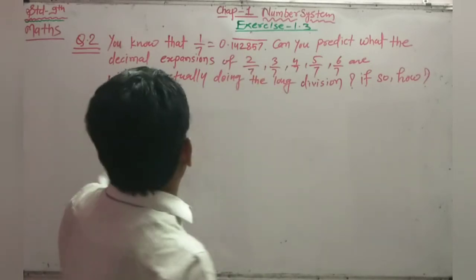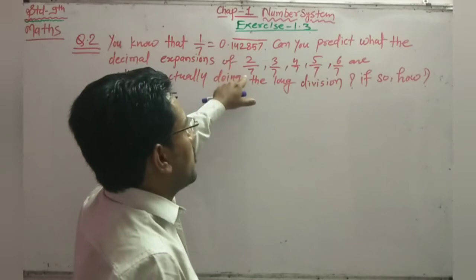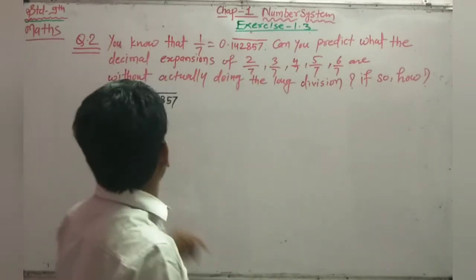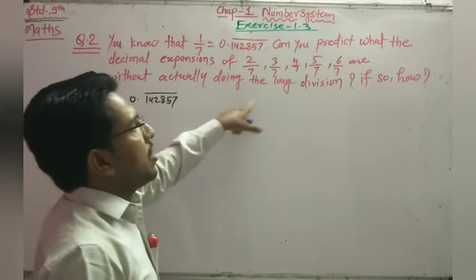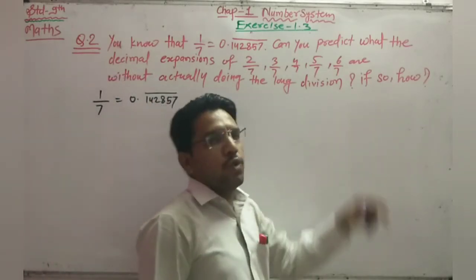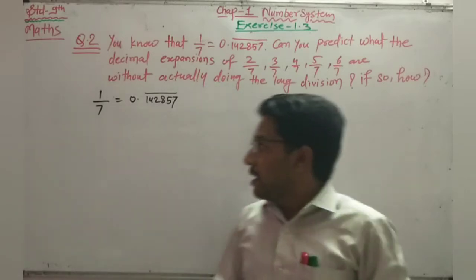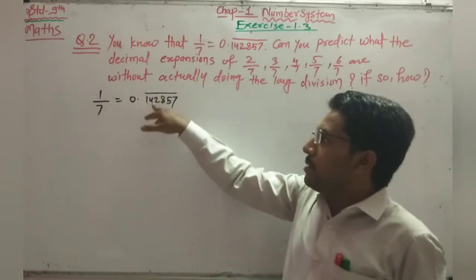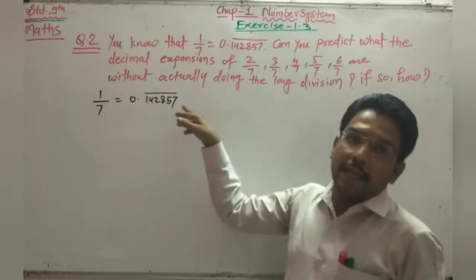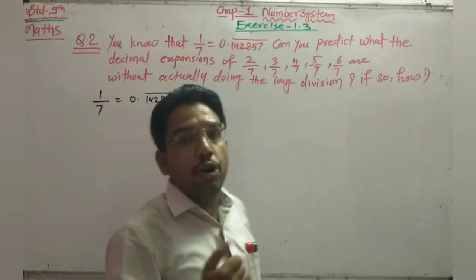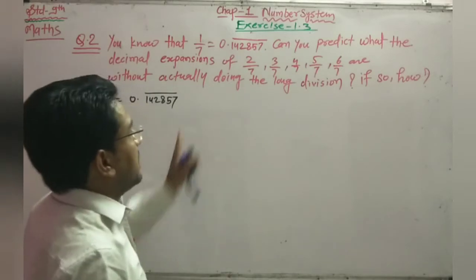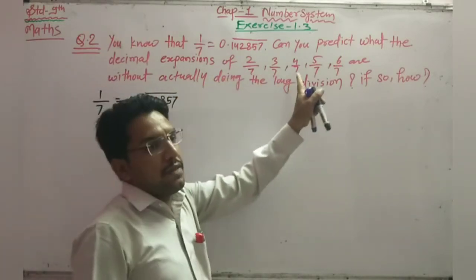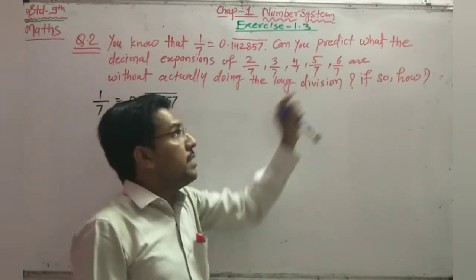Can you predict what the decimal expansions of 2 upon 7, 3 upon 7, 4 upon 7, 5 upon 7 and 6 upon 7 are, without actually doing the long division method? If so, how? So see, here 1 upon 7 is given as 0.142857. So without doing long division, how do we find the decimal expansions of 2 upon 7, 3 upon 7, 4 upon 7, 5 upon 7 and 6 upon 7?